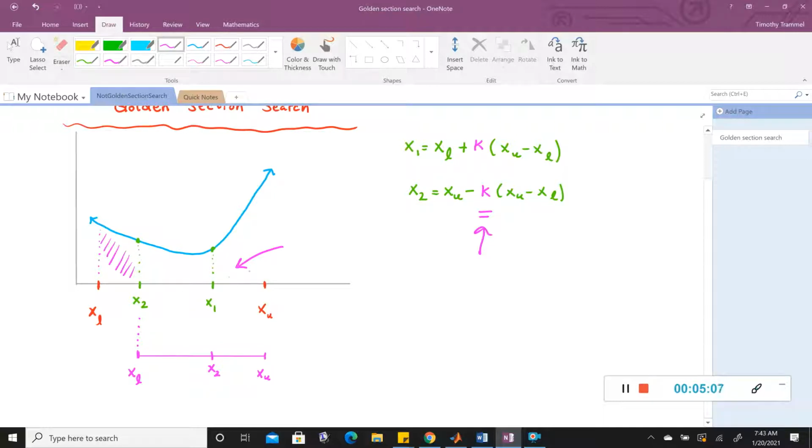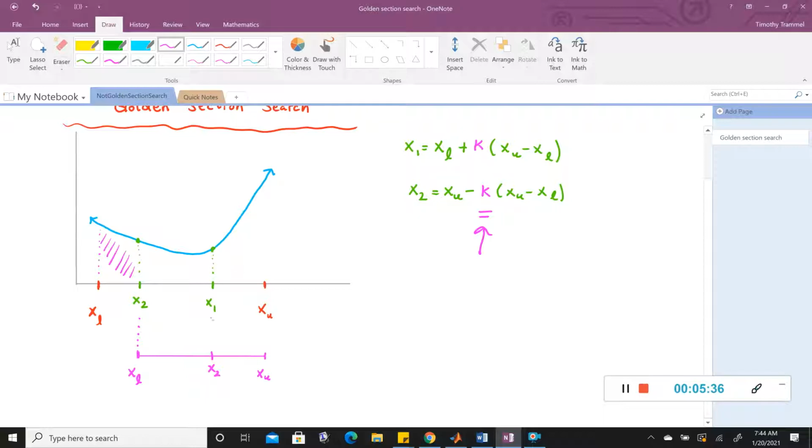Again, this looks like I probably chose maybe 0.75 for k. Okay, meaning that x2 is 0.75 of the length of the interval over from x upper, and x1 is about 3/4 the length of the interval from x lower. Okay, and this is actually not the value of k we want. Okay, but we are going to figure this out.